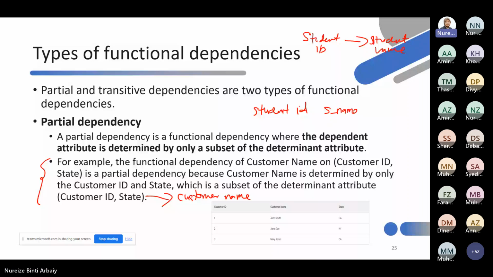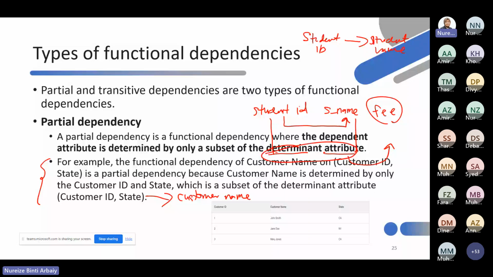In this case, it is clear that student ID determines the student name, but not the fee. But if we declare these two, student ID and student name, to become the primary key, both are primary keys, then this can be used to identify the fee. So this is challenging.